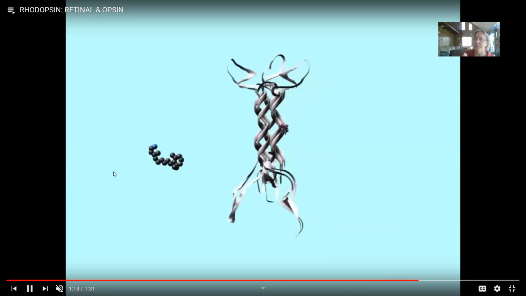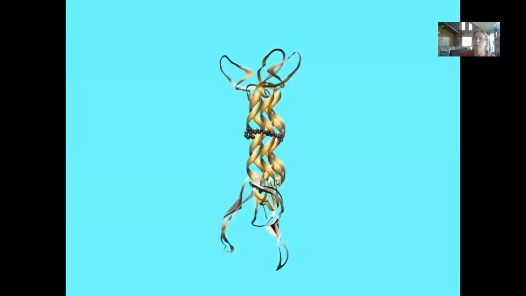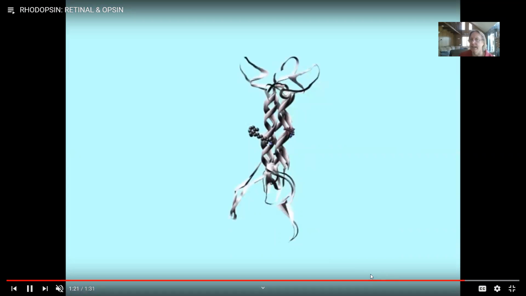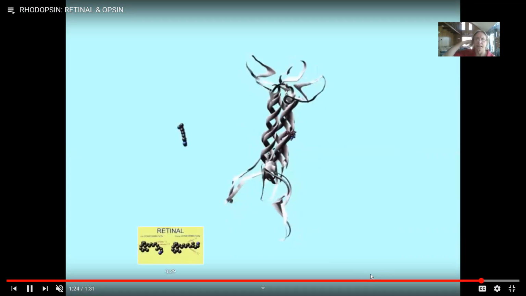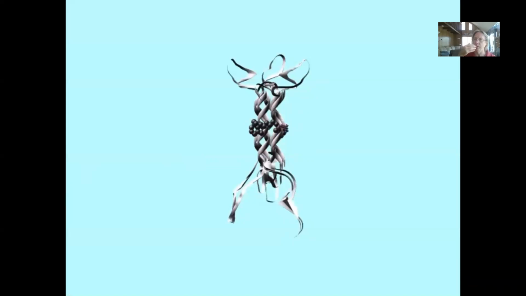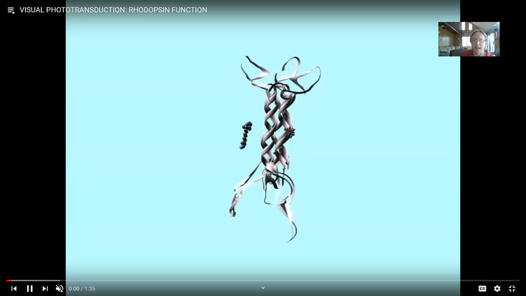Now, we'll package it back together, but in mammals, that takes about 45 minutes to make more cis retinol that can stick again. So that's why if someone shines a flashlight in your eyes, that causes all of this bleaching, all of the retinol dissociates. And now it takes you a while to make more attached to opsin so that you'd be able to detect light again.